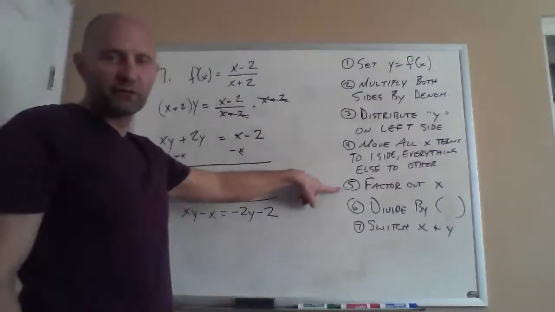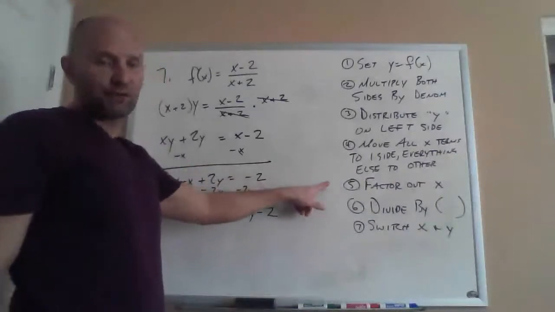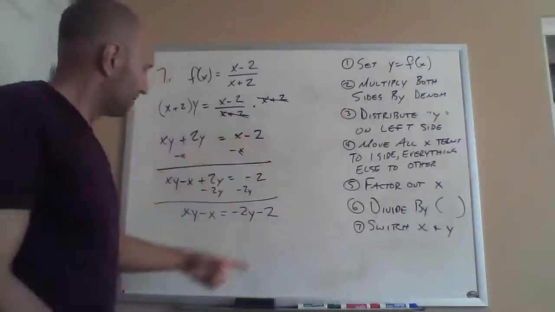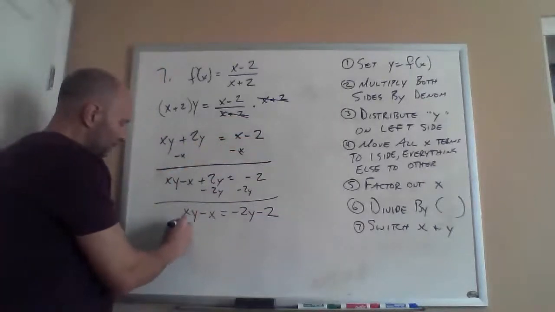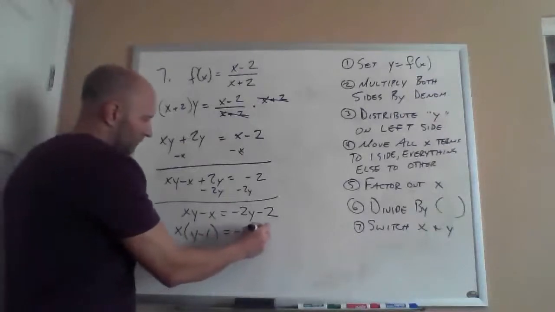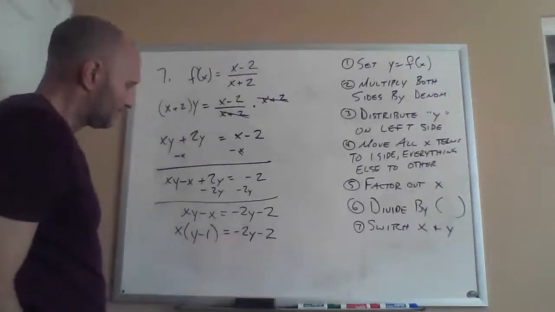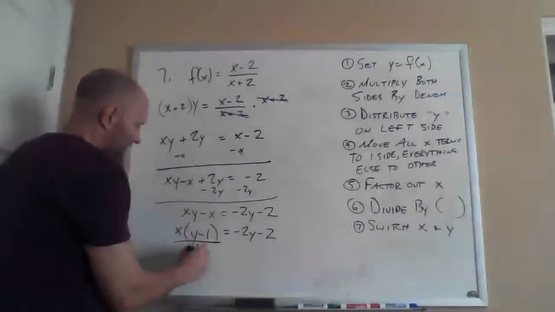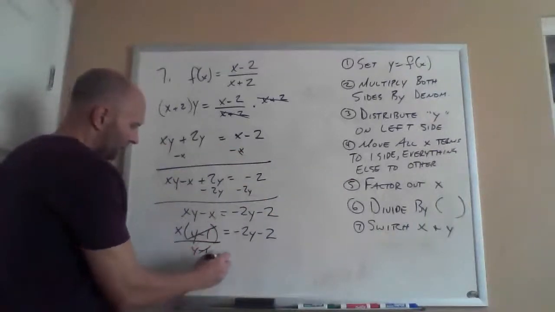Step 5, factor out an x. If you try to factor out an x and it doesn't work, then you've goofed something up above here. Because at this point, we should be able to factor out an x from one of the sides. Now we have this parenthesis piece, that's number 6, so divide everything by y minus 1.